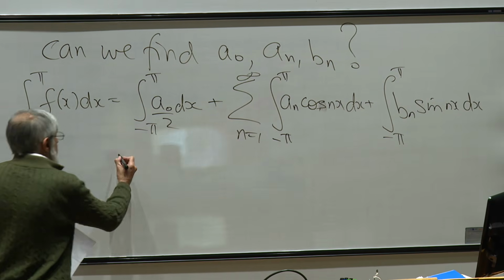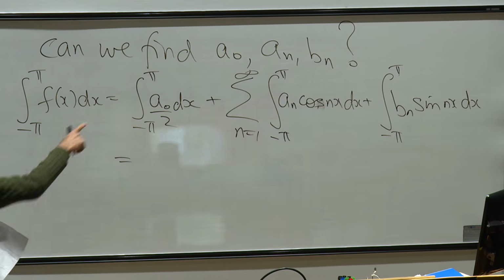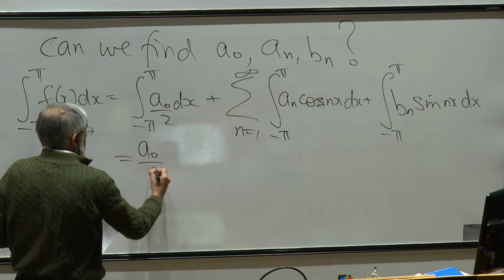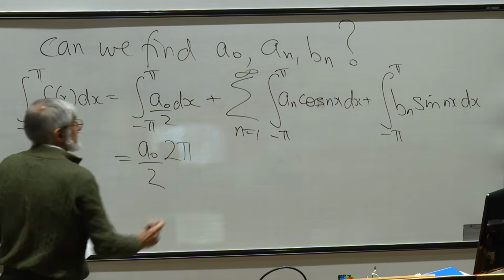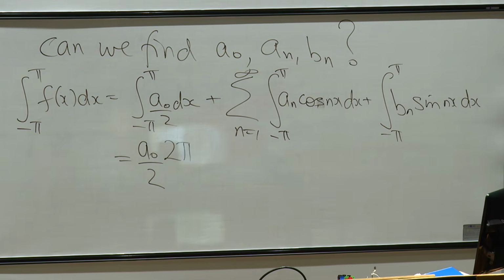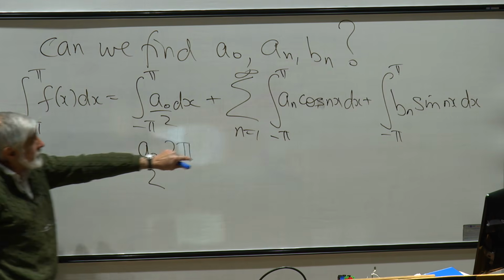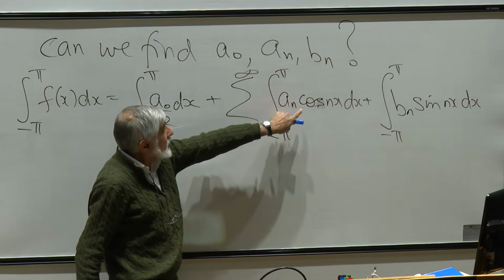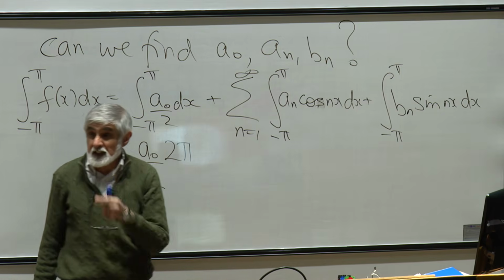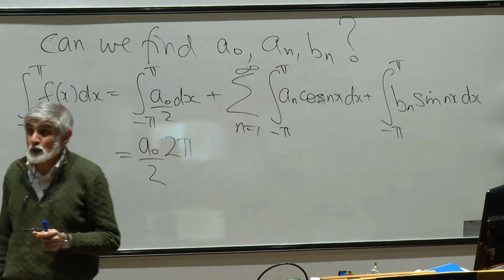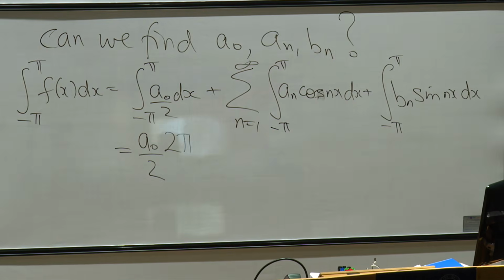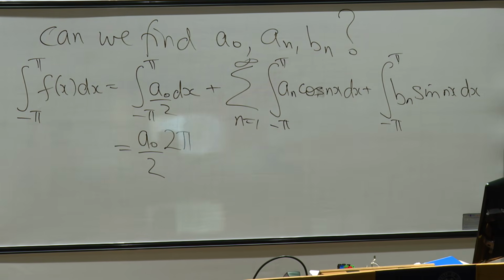So what does that give us? This one here gives us a naught over 2 times 2 pi. What does this give us? Well, cos nx is even, so this is 2 times the integral from 0 to pi of cos nx. The integral from 0 to pi of cos nx is 0, so that's 0.